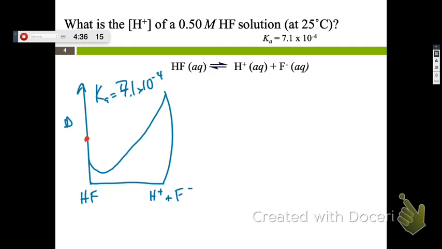We have to move a little bit to the right to get to that equilibrium constant. Everyone follow me so far? This sounds really trivial and really simple, but it is one of the biggest stumbling blocks in ice tables, because we're going to use that in order to determine the sign of the change part of the table.